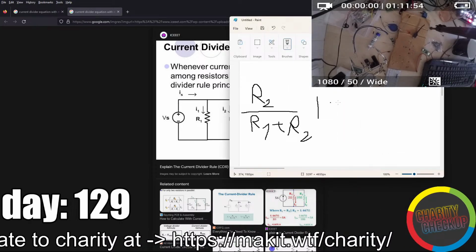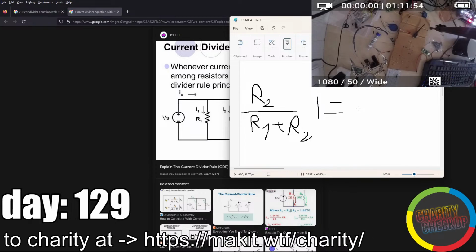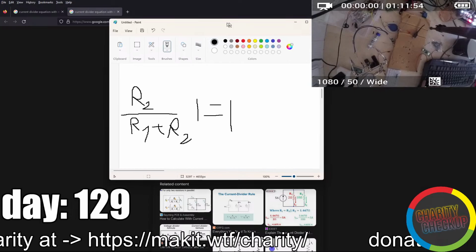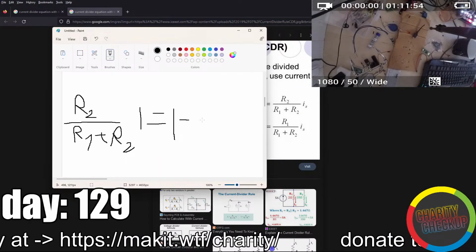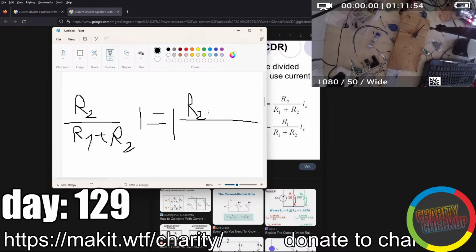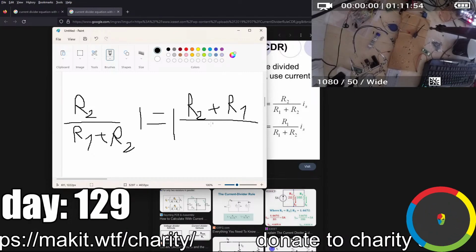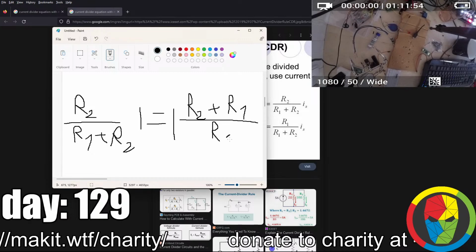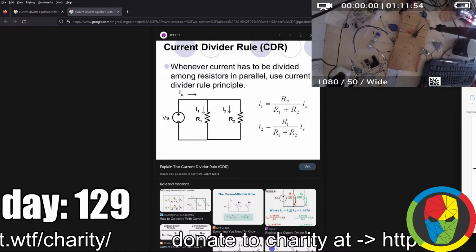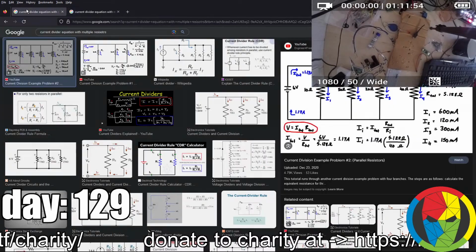Then this should be equal to total I times the total resistance, which basically means R2 plus R1 divided by R1. Then these two should be equal, because these are two different equations, both of them should be correct.